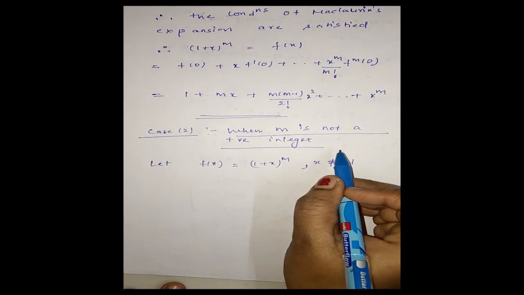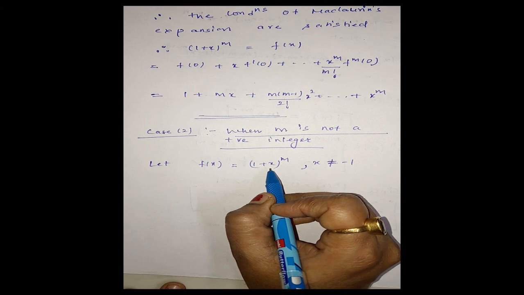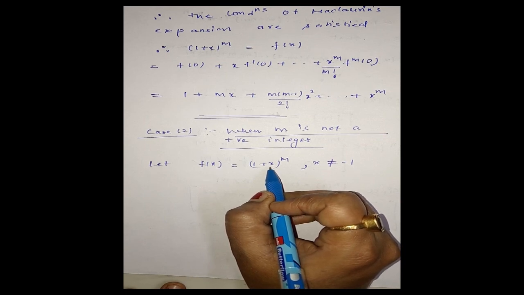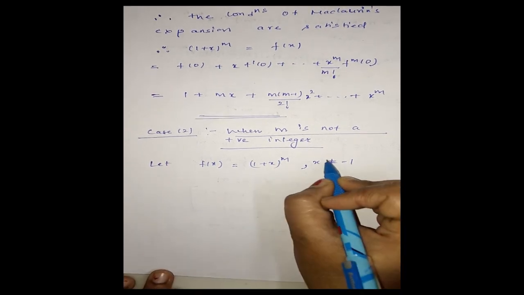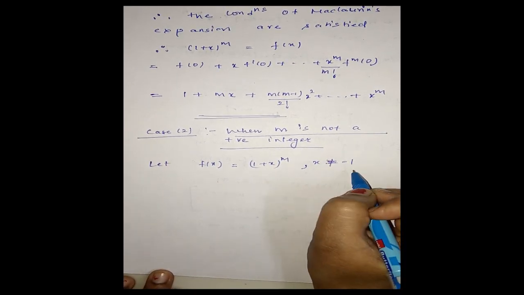Since m is not a positive integer, if x is equal to −1, this will be 0. So x is not equal to −1 here.